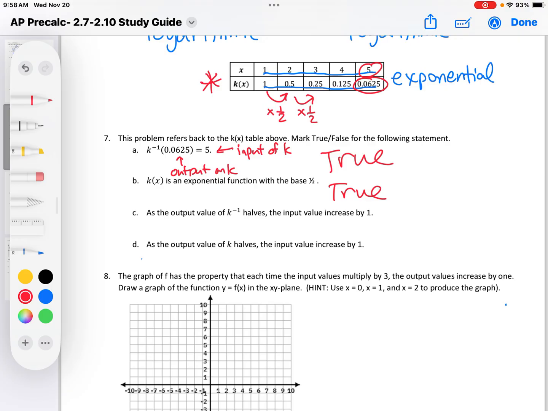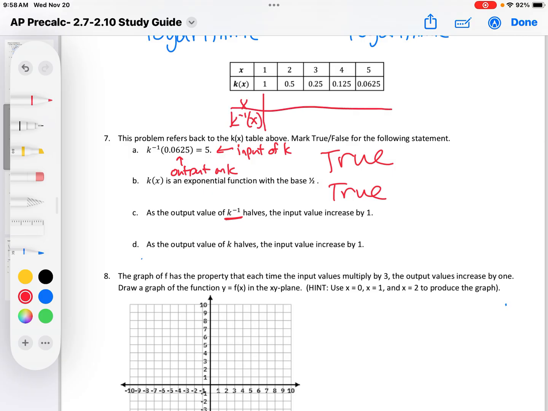C says as the output values of k inverse halves, the input is increased by 1. Okay, so remember we're talking about the inverse here. So let me erase some of this. When we think about the inverse, if I make a table for the inverse, I'm switching my inputs and outputs.